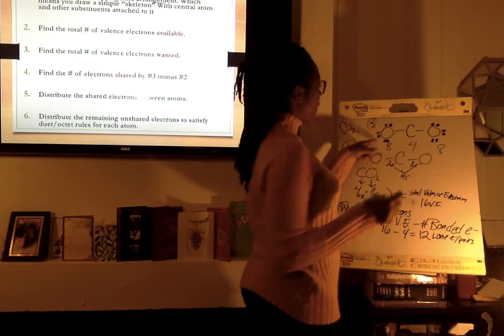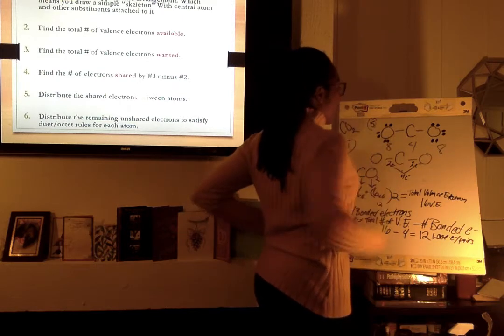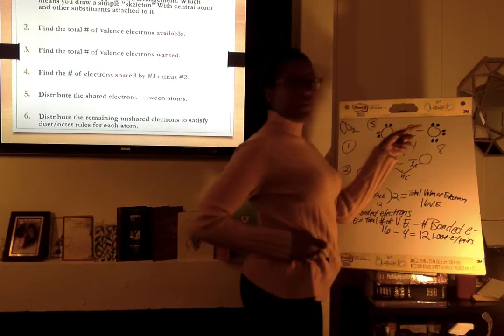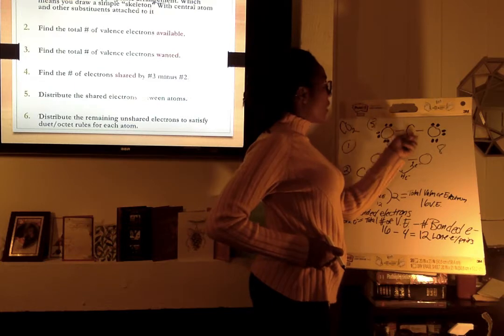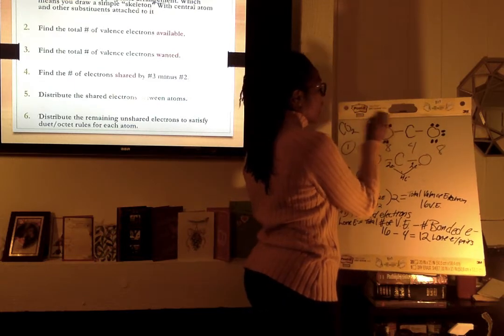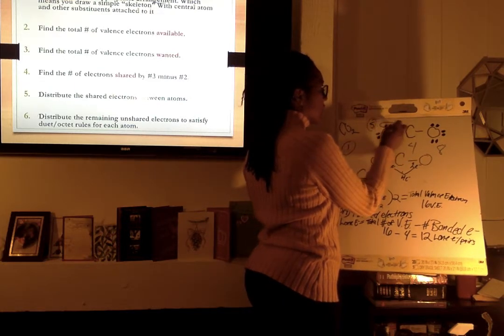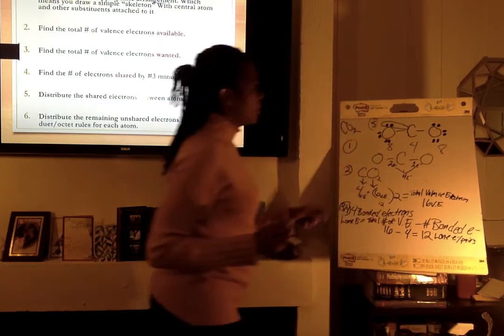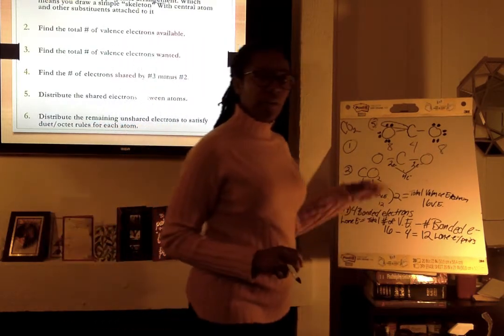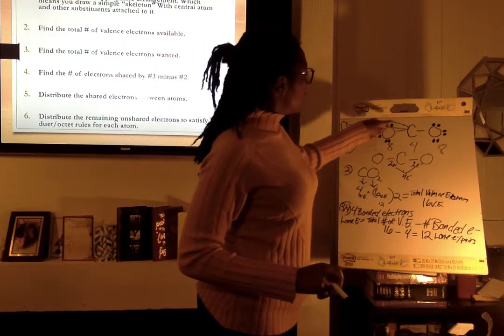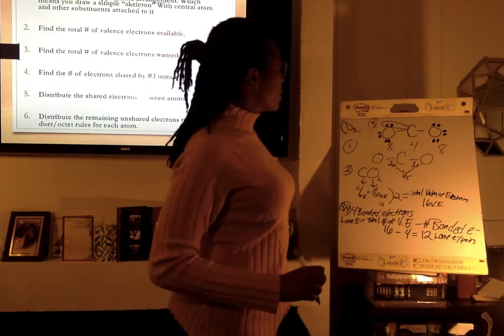If I have 8 here, I can share these 2 with carbon and create a new bond. I like to draw it like this. If I made a bond with oxygen up here, I use these 2 electrons to make a bond.